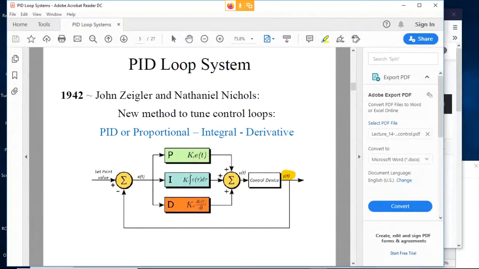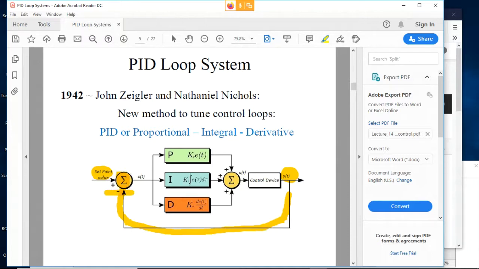Okay, so Y of t is over here. This is what we're trying to control. And over here is the set point, which is where we want it to stay. We have this feedback coming over into this summing junction. Remember, this is referred to as a summing junction, but it's negative feedback.